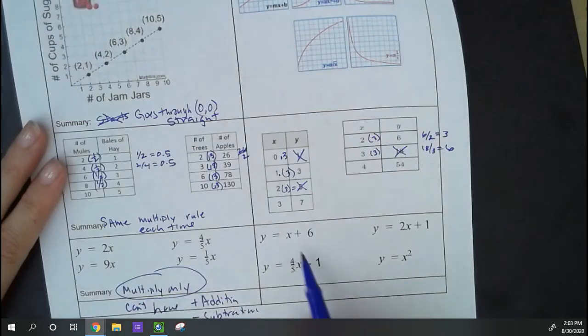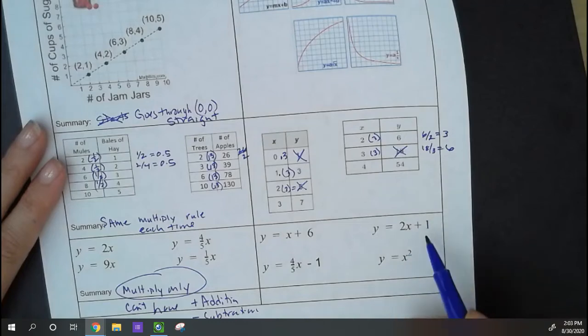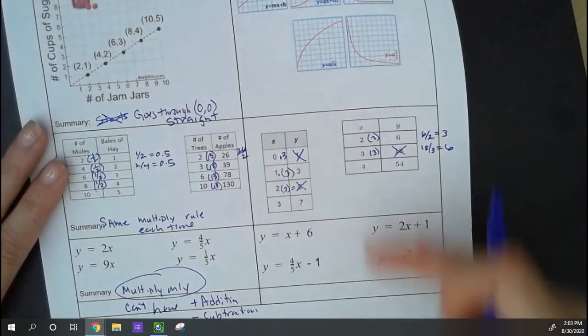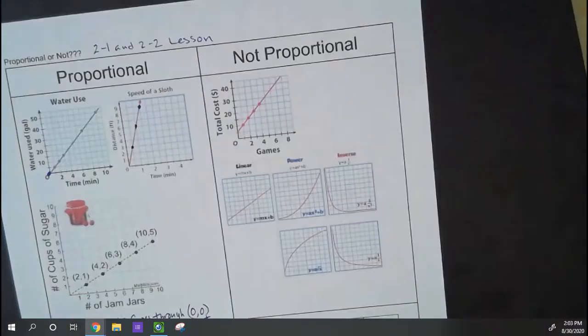Multiplication only. Can't have adding, can't have subtracting, can't have exponents, can't have adding, even if there was a multiplying part in there. So all of this row of the paper was non-proportional.